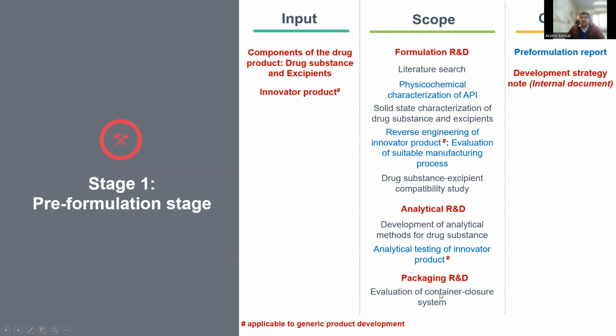Similarly, the packaging department will evaluate the container closure system of the innovator. The output of this stage is a pre-formulation report and a development strategy note, which is only an internal document that details the strategy to be followed for further development.